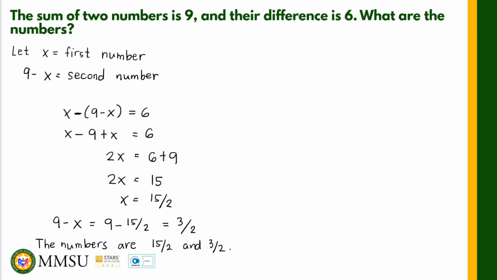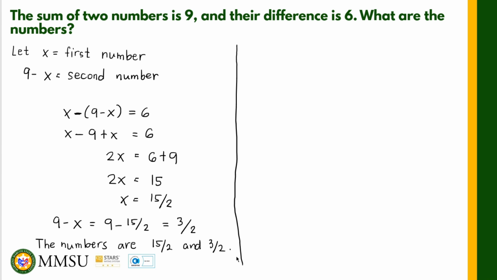Pero, let us go back, okay? Meron pa tayong second solution dito. Ito kasi, di ba, based from the problem, meron tayong dalawang statements. These are considered facts. Okay? So, meron tayong first statement, the sum of the two numbers is 9.